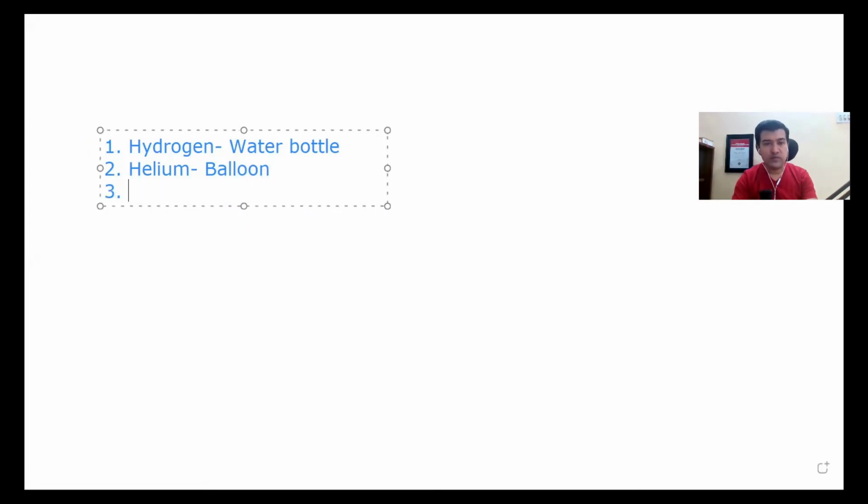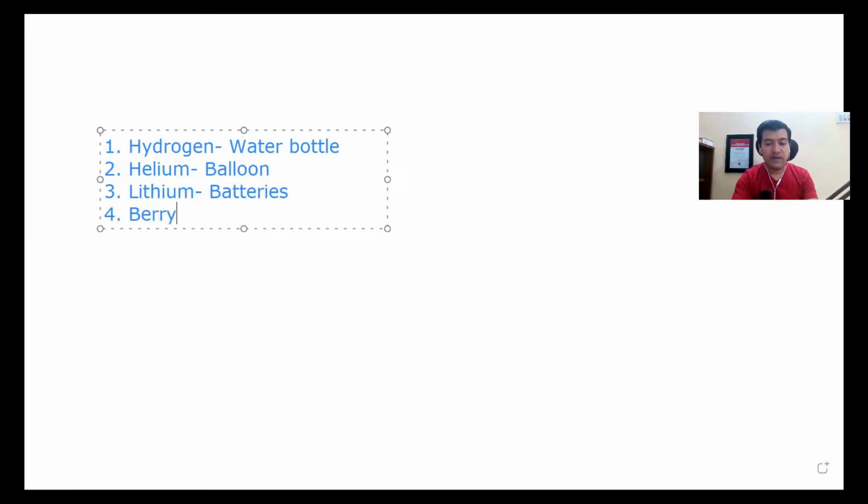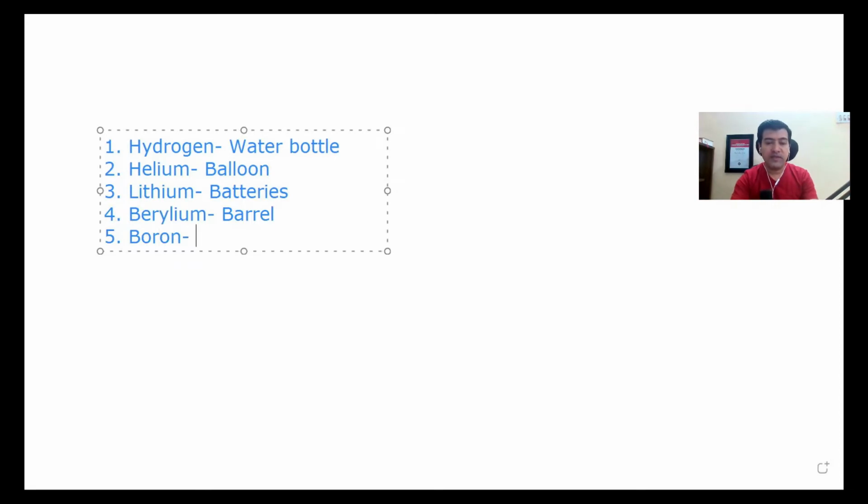Helium gas used in balloon. Third, lithium: batteries. Fourth, beryllium. I'm not going into its use. I'm taking its keyword, barrel. You all know barrel, that round-shaped drum. Okay. Then boron. Here also I'm taking a keyword, gold.